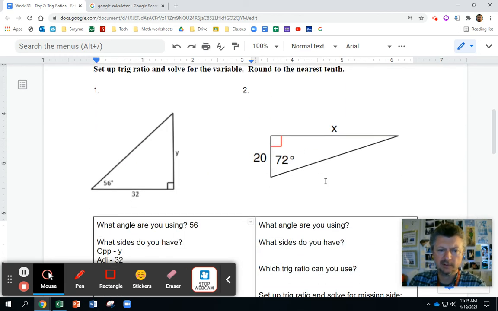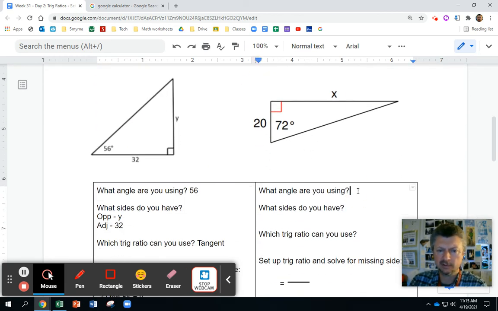Okay, so let's do the next one. What angle are we using? There's 72. That's what we're using here. What side do you have? Again, you don't have the hypotenuse. So this is going to be tangent again. Now, that's not always going to be tangent, but this one is also. So let's take another look here. What sides do you have?